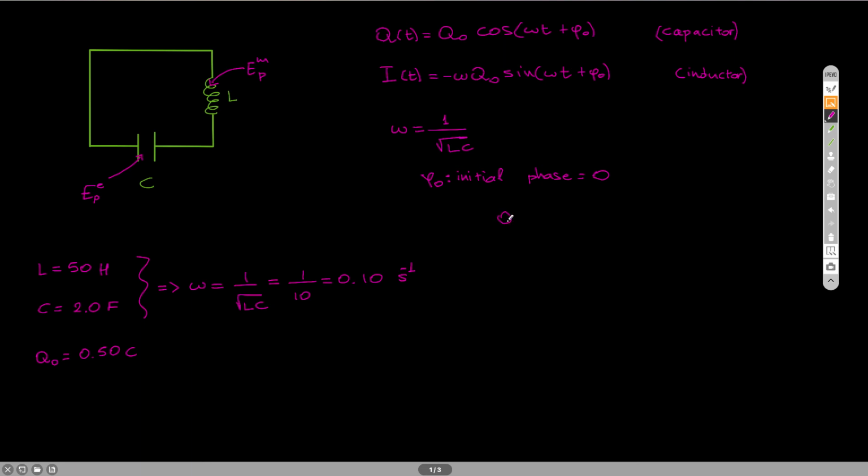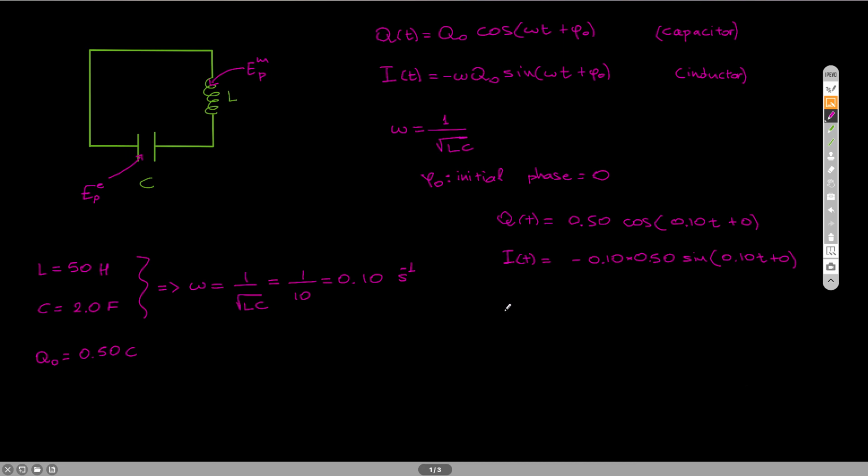Now, the way that I will use this: Q as a function of time will be Q naught, so 0.5 times the cosine of omega t. I found omega to be 0.1, and as I said, the initial phase I'm going to use 0. For the current as a function of time, it will be minus omega, which is 0.1, times Q naught, which is 0.5, and then the sine of omega t plus 0.